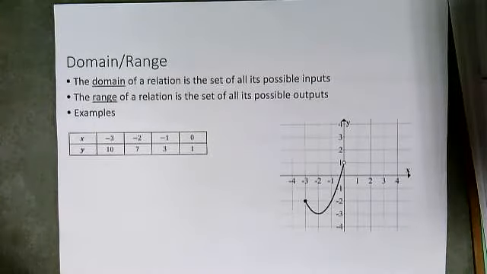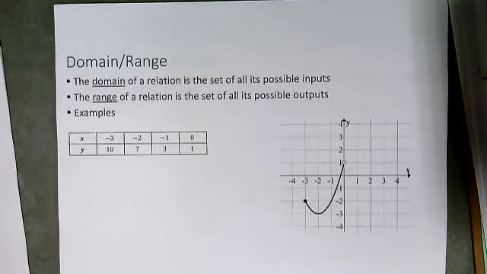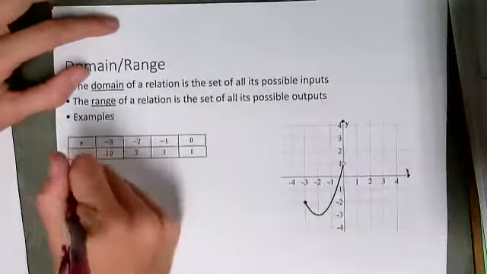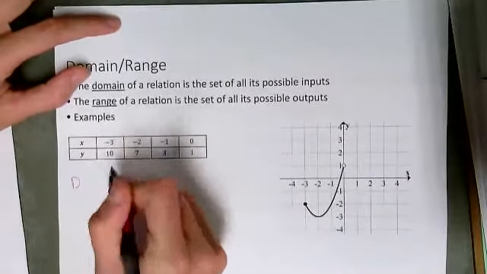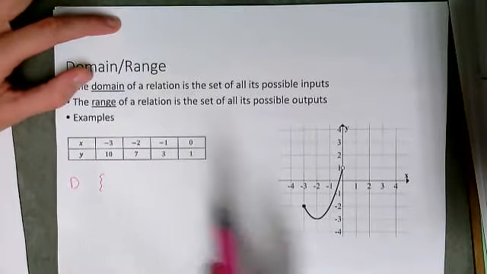So, domain and range. It's important when we're talking about functions and relations. The domain of a relation is a set of all possible inputs, right? So, if we look at this first table here, its domain is going to be all the inputs, right?